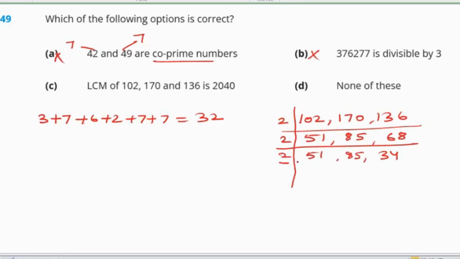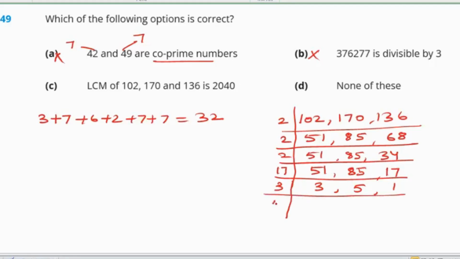Again we can divide by 2, giving 51, 85, 17. Now we can divide by 17: 3 times we can divide 51, 5 times we can divide 85, 1 times we can divide 17. Now 3, and after that we should have 5.